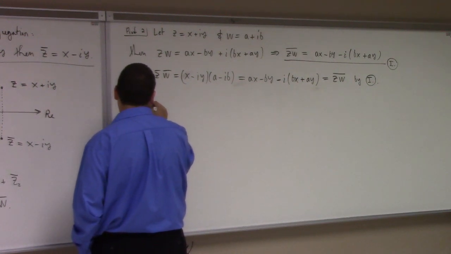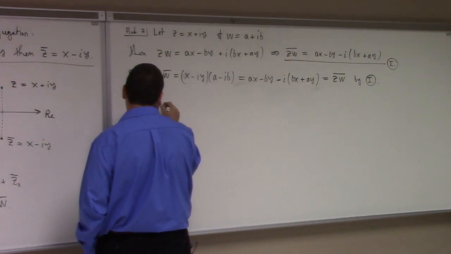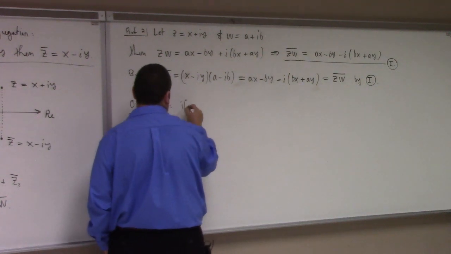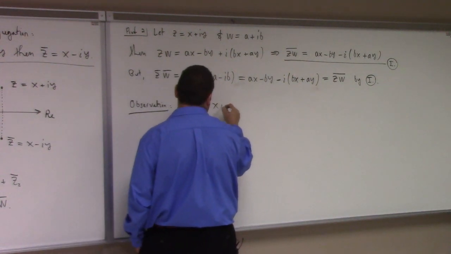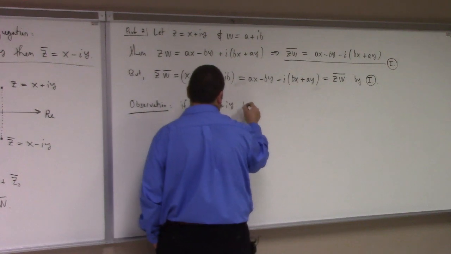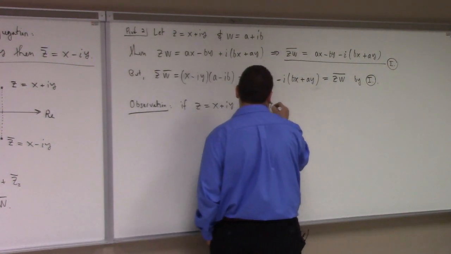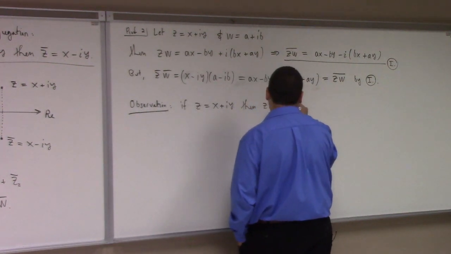Observation. If z is equal to x plus iy, right, then z times z bar is equal to what?